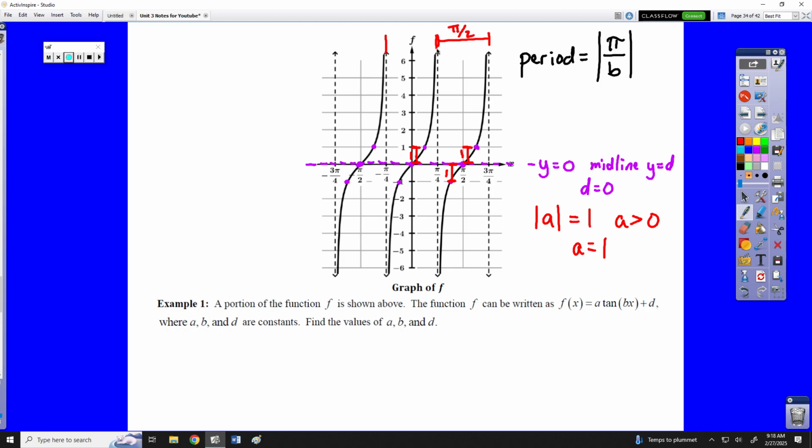Same thing here, pi over 4 minus negative pi over 4 is 2 pi over 4, or pi over 2. So each of these vertical asymptotes is pi over 2 apart. So that would be our period.